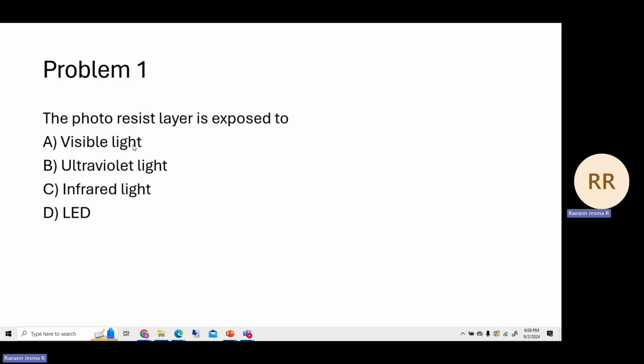Each of these lights has a particular wavelength, right? So the answer is ultraviolet light.